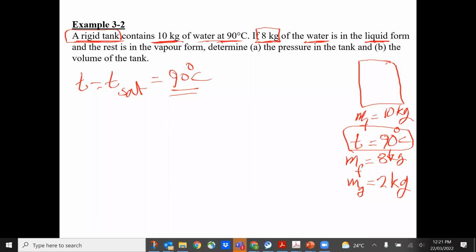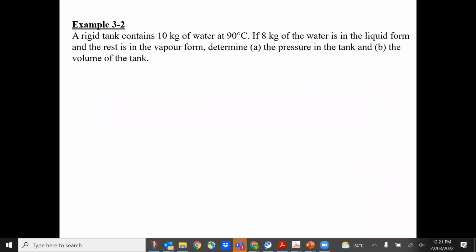Saturated pressure. Correct. The first column is T saturation, and the second column is P saturation. So if I go to the tables, I find at 90, I just read whatever is here. This will give me the saturation pressure. Okay? Clear?